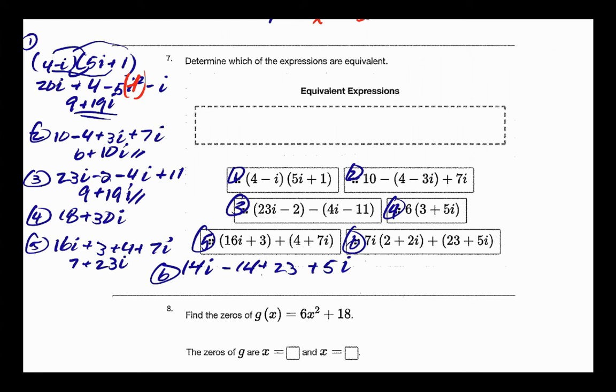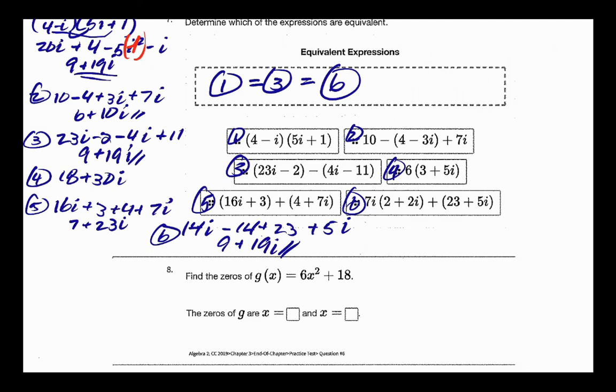Again, combining the like terms, negative 14 plus 23 is 9, and 14i plus 5i is 19i. So according to the way I numbered them, the equivalent expressions that you would drag and drop would be 1 is equal to 3 is equal to 6. So don't stop just at 2 when you see that 2 are matching, because 3 might be matching.